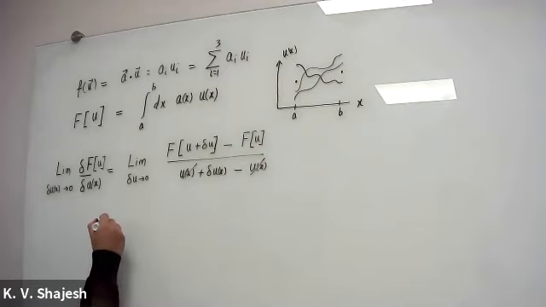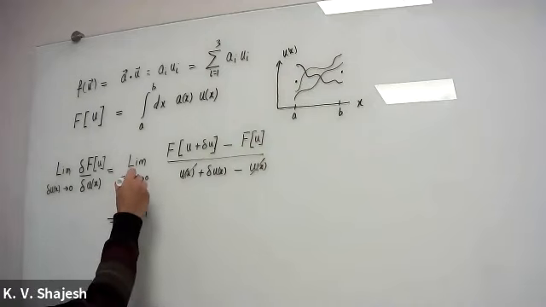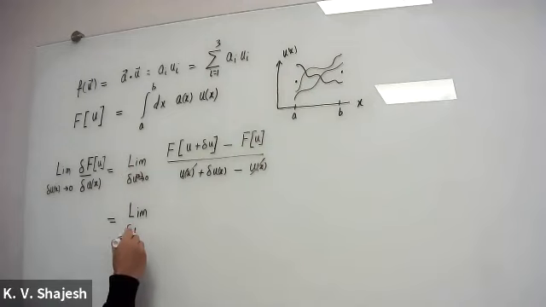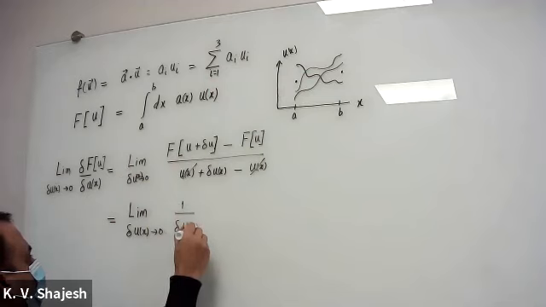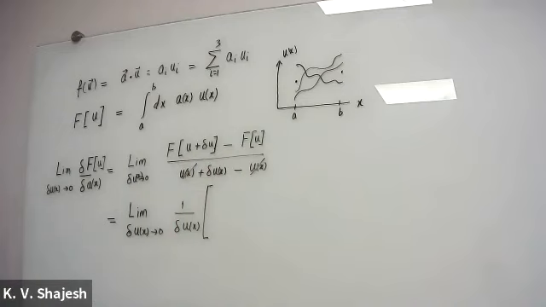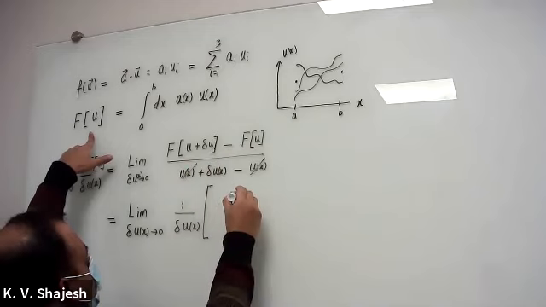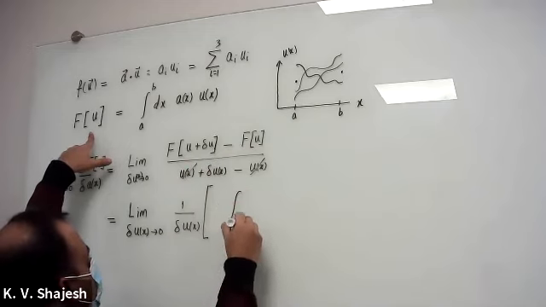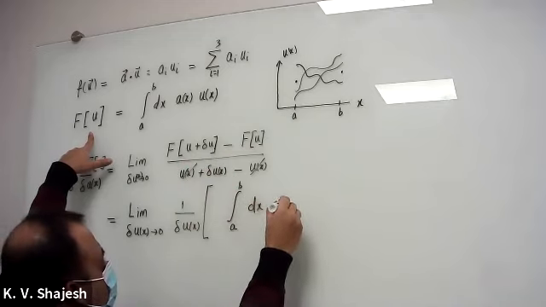Okay, so now what is that equal to? So this is the limit again, and this was again x, right? Delta u of x tends to 0, and there is a denominator, so I'll bring that out. So that's delta u of x. And f of u, what is that? f of u plus, I'm making a u plus delta u. So this is the integral from a to b dx times a of x.